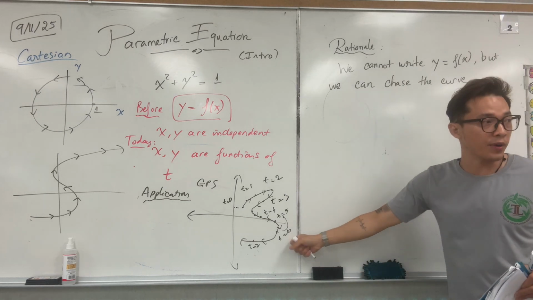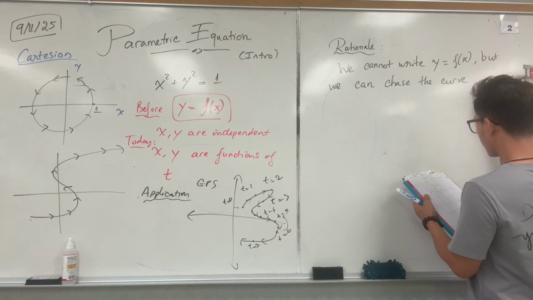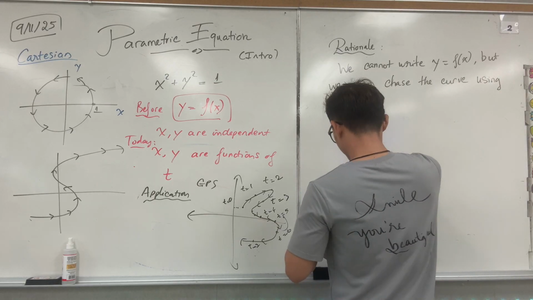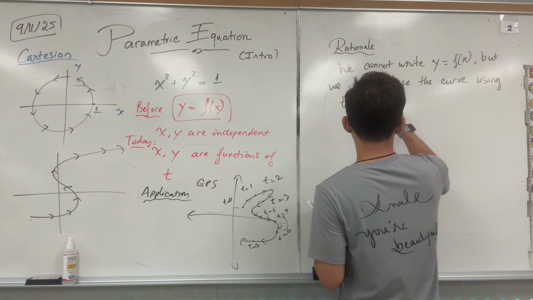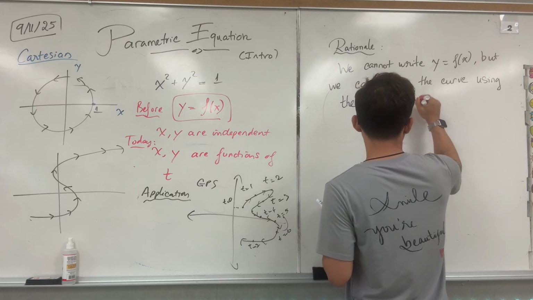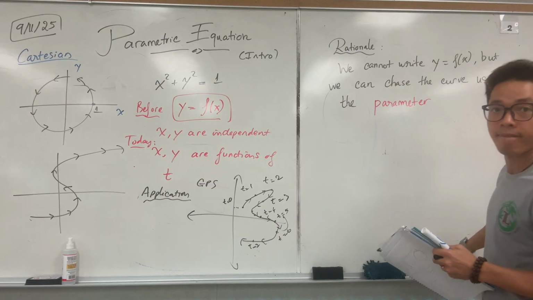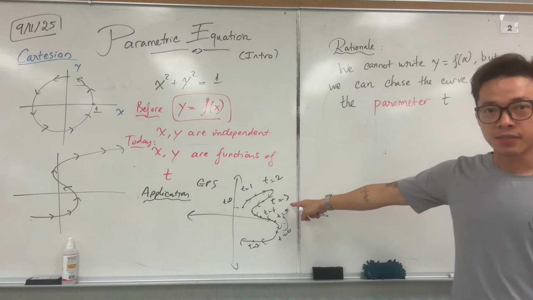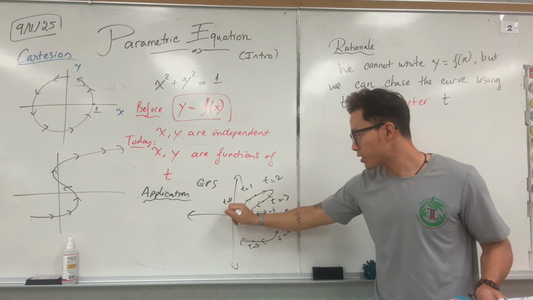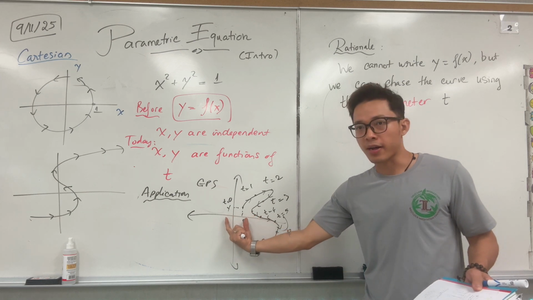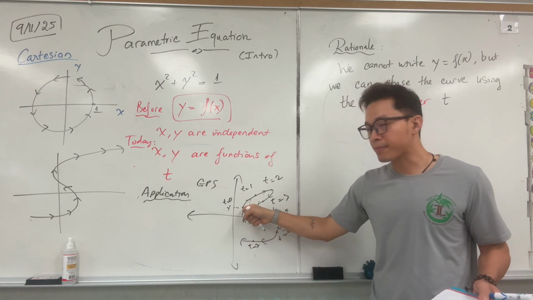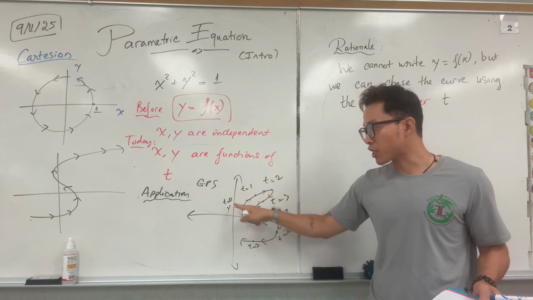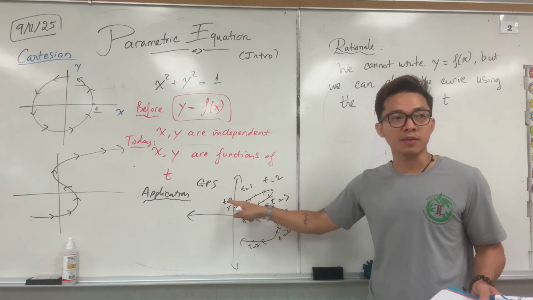Take this curve right here. Why can't we write y? Because you need two numbers for this one, one number is x and one number is y, so you already use x and y. Then how do you represent the time t? You need to call another variable t. So x will be a function of t, and y will be a function of t.